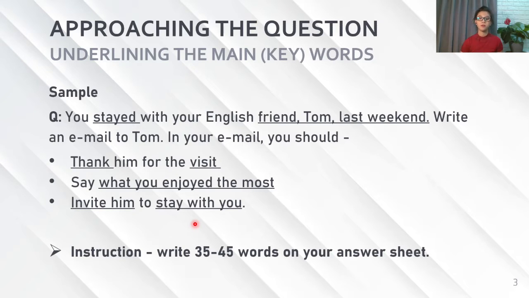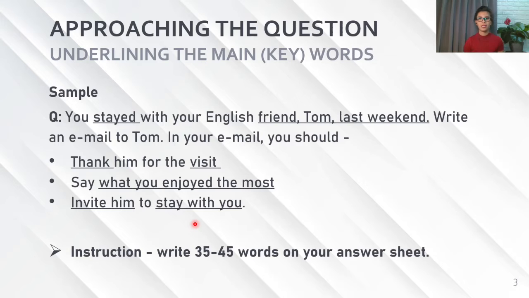You are going to invite him to stay with you next time, maybe when he comes to visit your city or hometown. If he comes to visit you next time, in that next time you are going to invite him to stay with you. This is a case for the future, a scenario for the future given by the question.